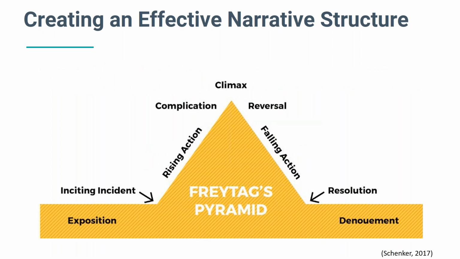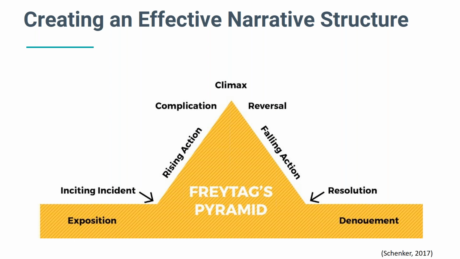So the next thing I want to talk about is creating an effective narrative structure. You won't need to remember this pyramid, but it's really something you might see in film school or creative writing class. It's what most movies, especially those from DreamWorks or Pixar, you know, the movies like Up and Cars and Toy Story, they really use this formula.